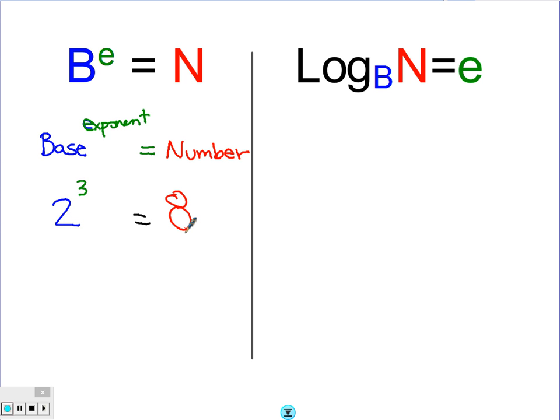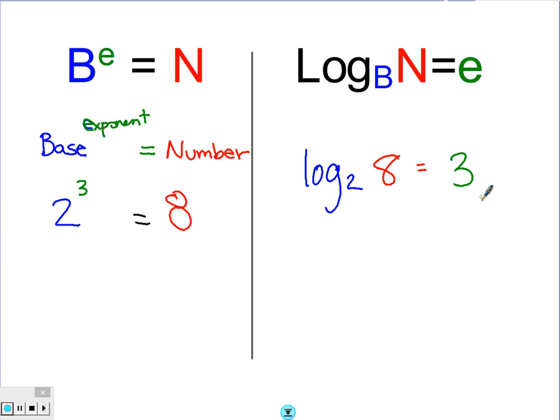Well, if I want that in log form, my log would say log base, what was my base? My base was 2. Log base 2 of some number, 8 in this case, would equal my exponent. So my exponent was 3.